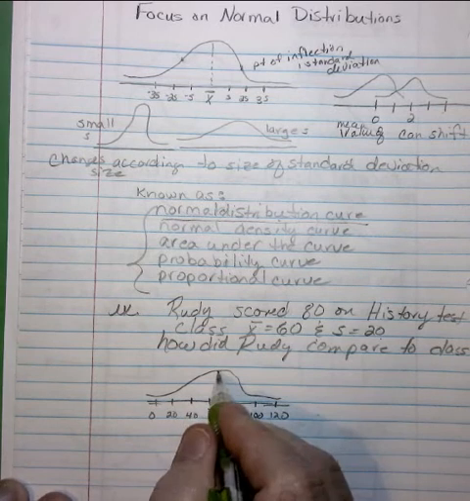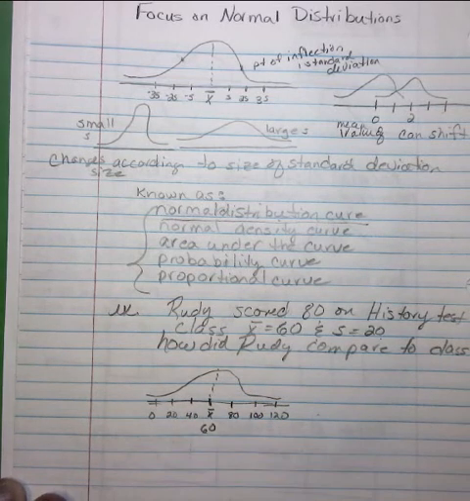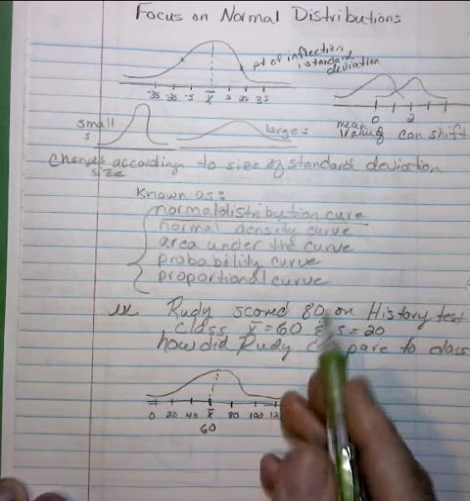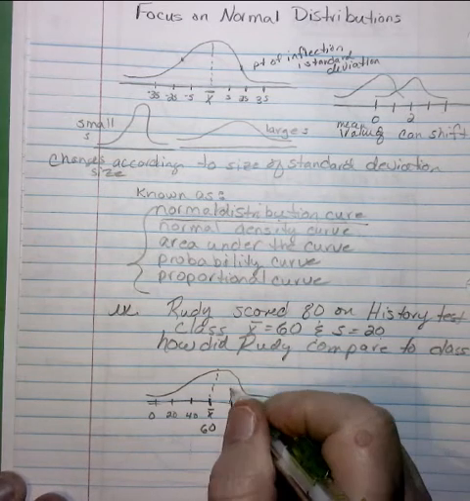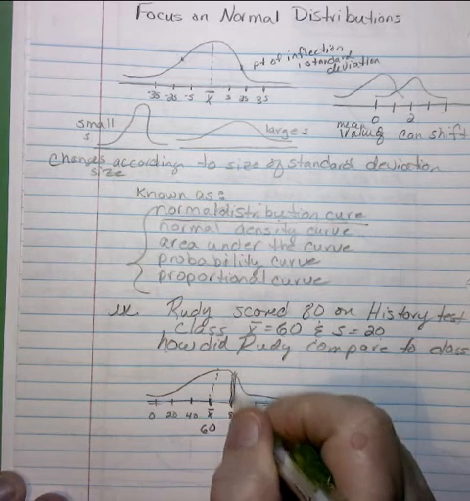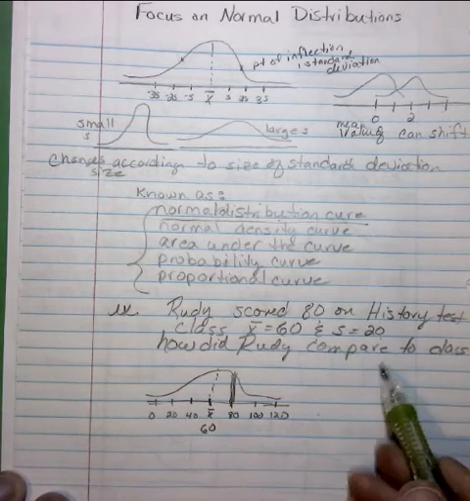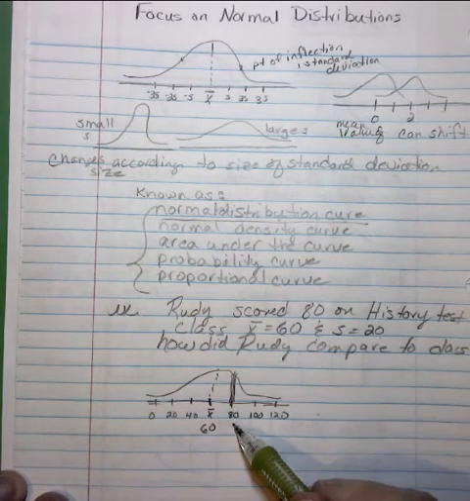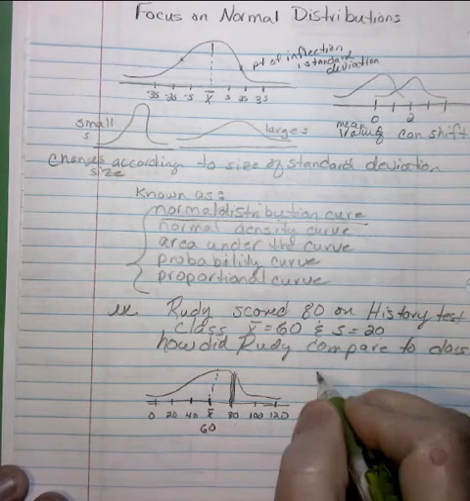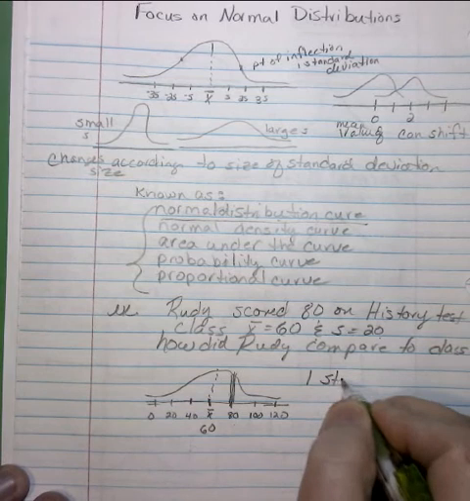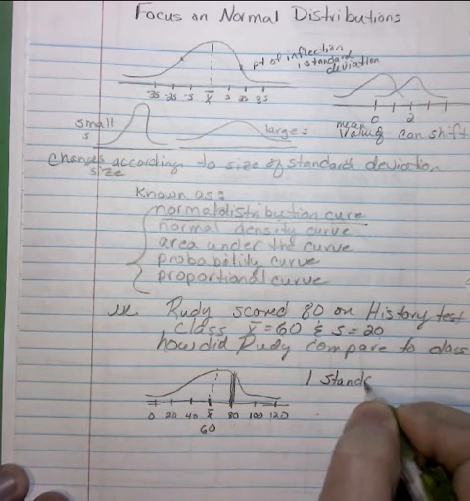And so this is the mean for the class. Rudy's score is at 80. So here's Rudy on the scale. So how could we say Rudy's score was in comparison to the class? Rudy's score was 1 standard deviation above the mean.